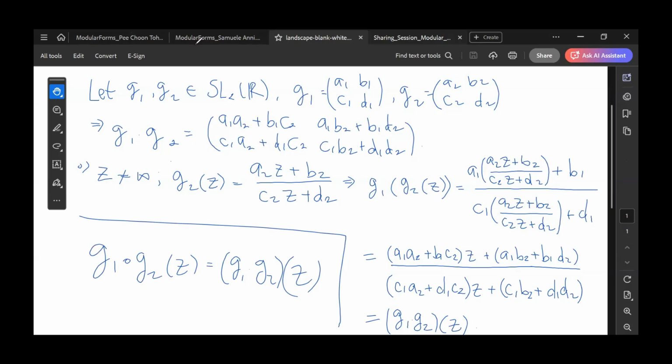So quite an interesting function here. Basically, we can preserve the multiplication of matrices. Okay, I think this is enough.